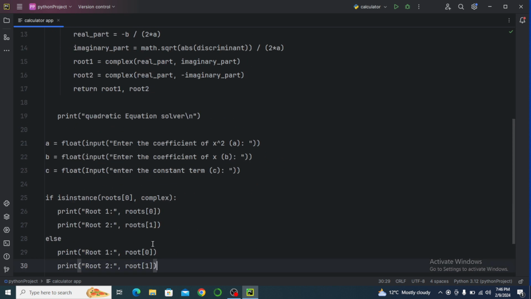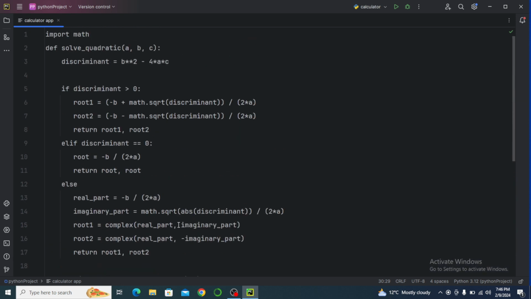So let's quickly and briefly do what we call a recap. Firstly, we imported the math module at the beginning. It's a module that provides mathematical functions and constants in Python. Later we said define solve quadratic, that's A, B, and C. So solve quadratic takes in 3 parameters, A, B, and C, which are the coefficients of the quadratic equation ax squared plus bx plus c.